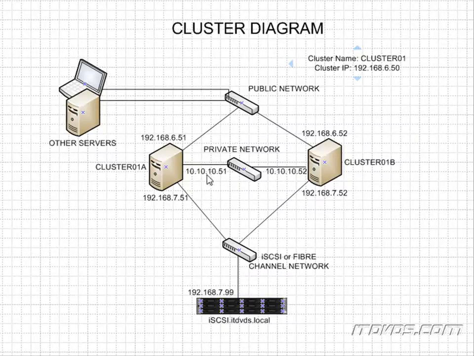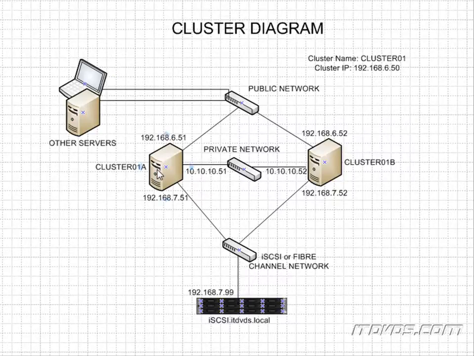So that means they can be owned by either cluster 01A or cluster 01B. So our clients are not going to directly access a specific node. They're going to access a clustered name, which will translate to a clustered IP. And if cluster 01A is the active node, it will own that name and IP. So when this client tries to access a share on cluster 01, it will automatically be routed to cluster 01A.